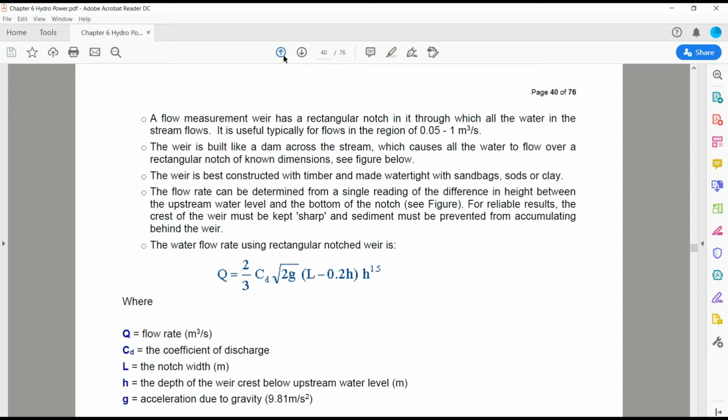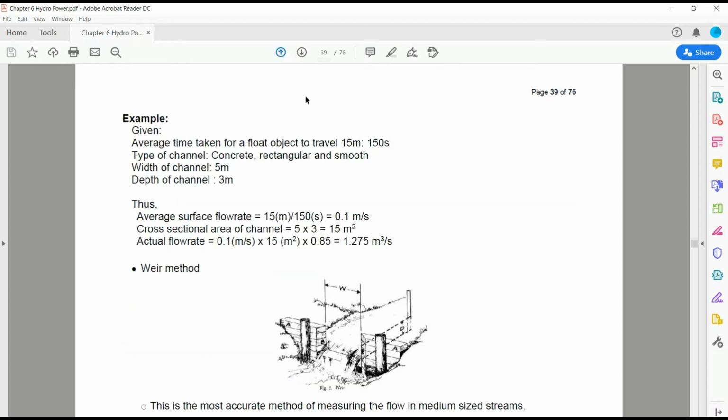So this one, D, is the height of the upstream water level until the opening of the notch, at the edge of the notch.